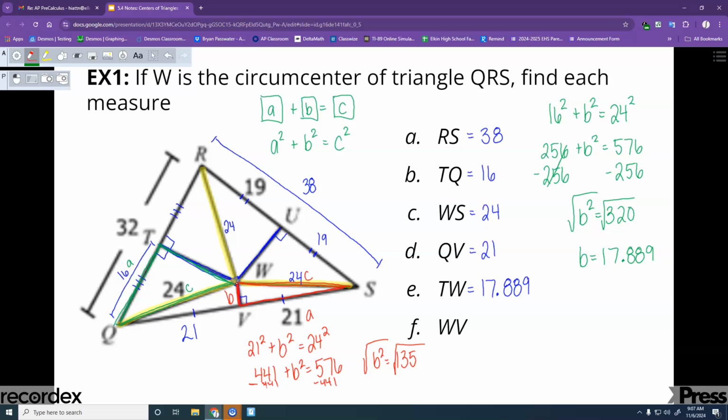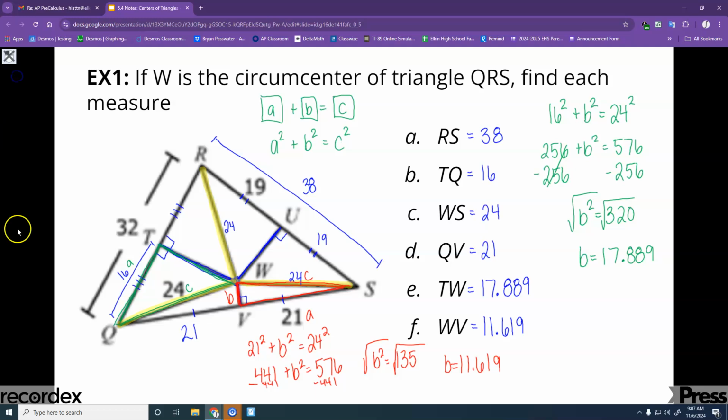And the square root of 135 is going to give us 11.619. So we get 11.619. Questions?